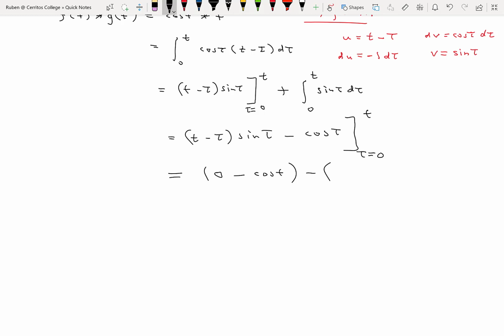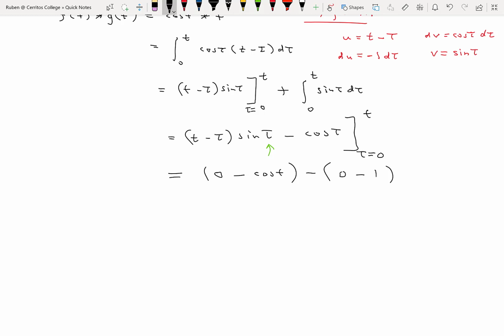minus the value of the expression at the lower limit, tau equals 0. Well, if tau equals 0, and I'm going to put a little green arrow here, if tau equals 0 right there into the sine of tau, I'm going to get 0. So I'm going to get 0, well, now I'm substituting tau equals 0, so 0 minus the cosine of 0, which is 1.